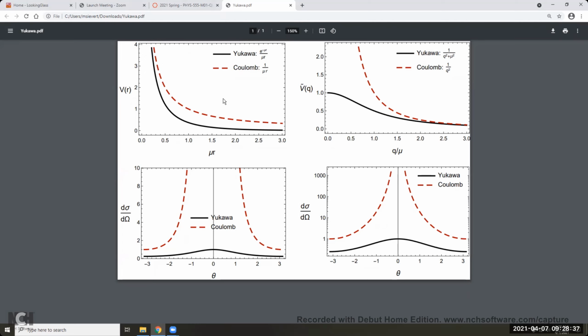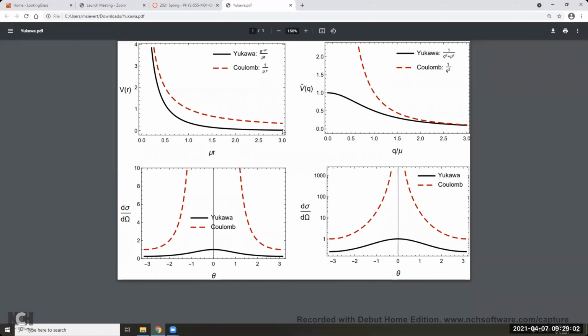So what did we get? When we Fourier transformed these potentials, the Yukawa potential went like 1 over q squared plus mu squared. The Coulomb potential, if I kill the mu squared, just goes like 1 over q squared. That gives me functions that look like this. Notice now that they agree at large momentum and they disagree at low momentum. That's because of the mapping between position space and momentum space.